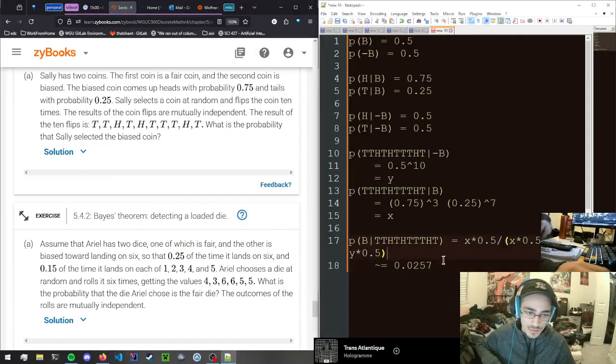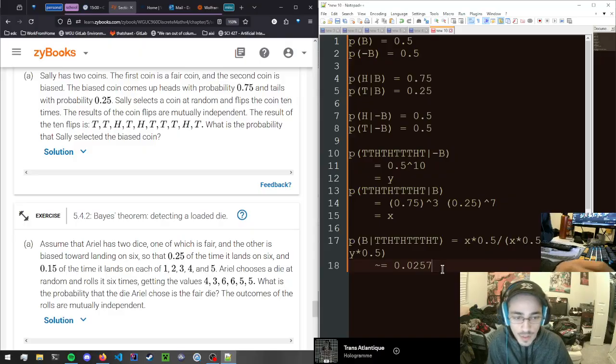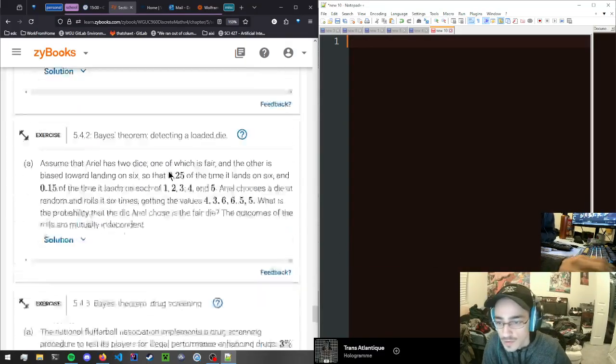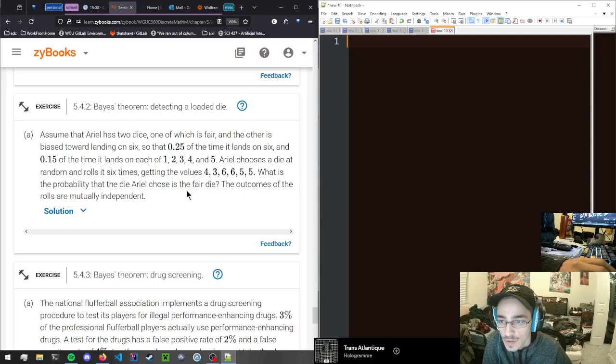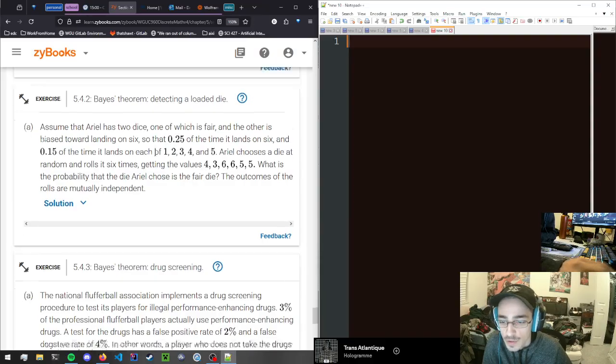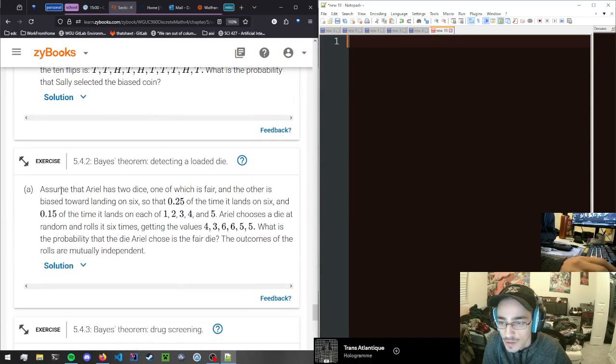So that's pretty cool, right? So given this sequence, the chance of her using the biased coin is like 2%, something like that. So that's cool. Bayes' theorem. Let's do some more. Let's do all of them.